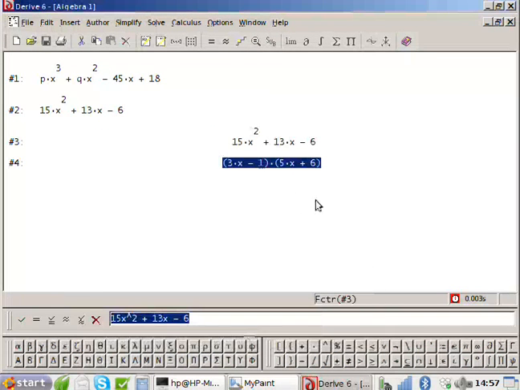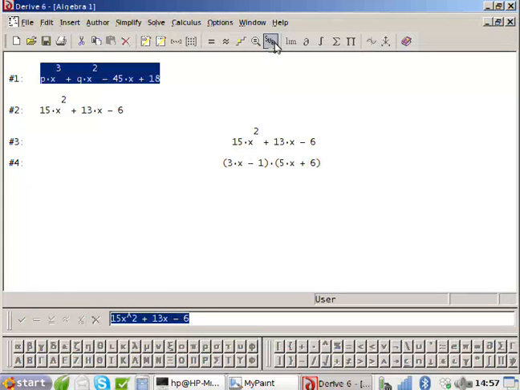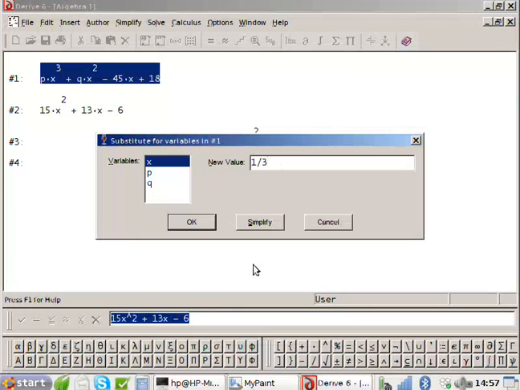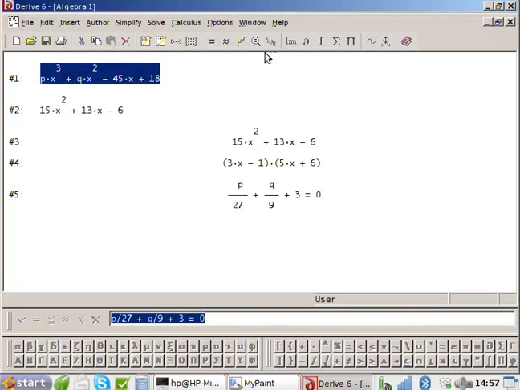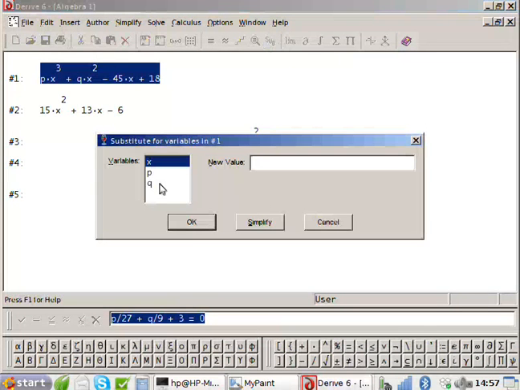So 1 over 27 p plus 1 over 9 q equals, let's clean this up, that's a 15 there, isn't it? So it'll be 18 plus 15? Yeah, 33? I think so. Is that okay?